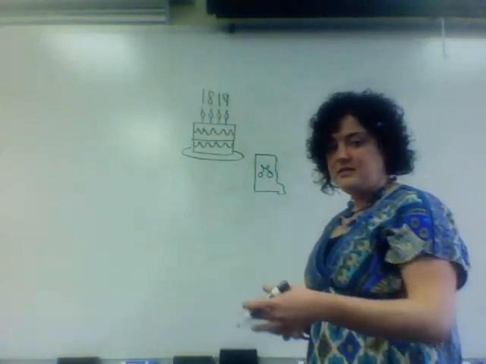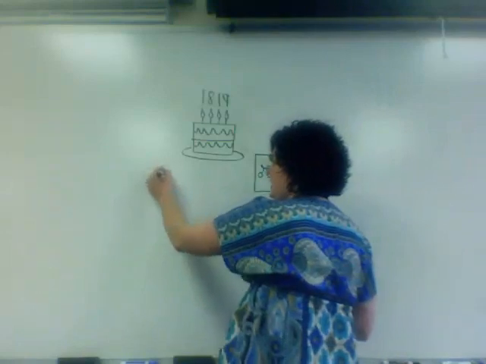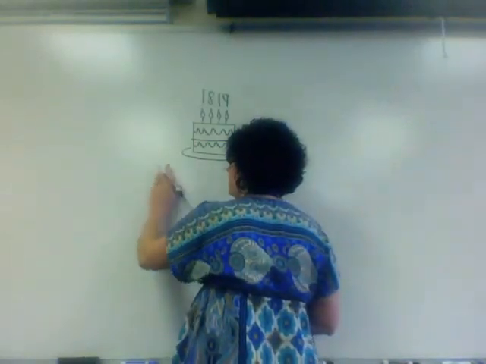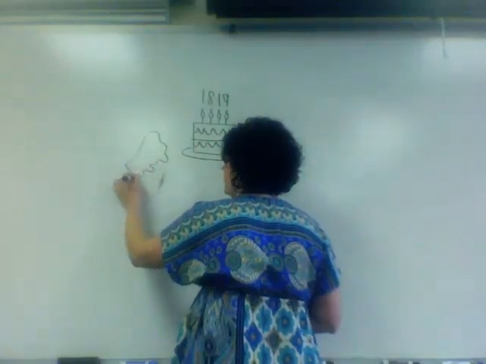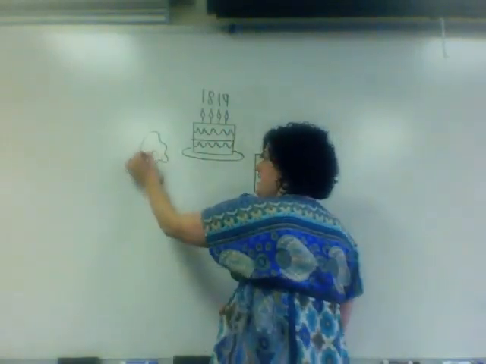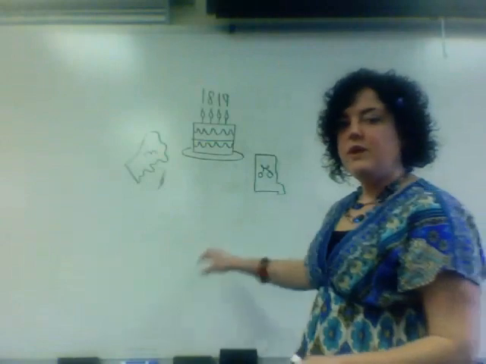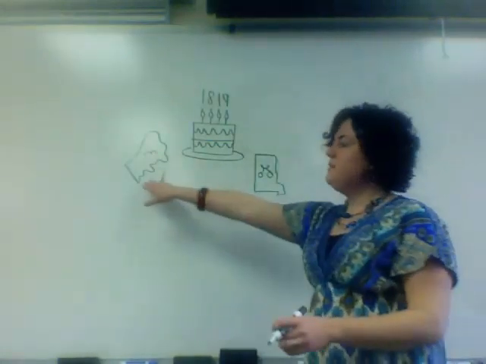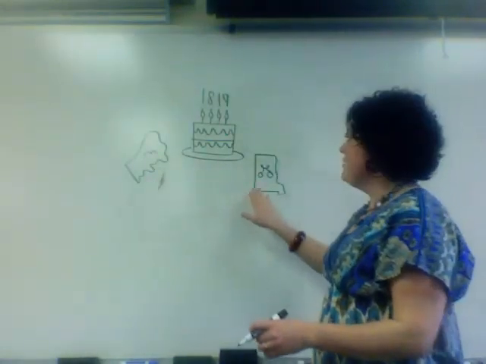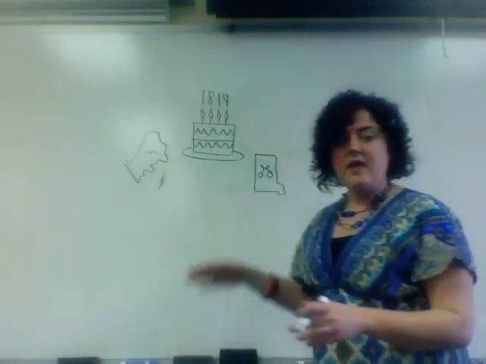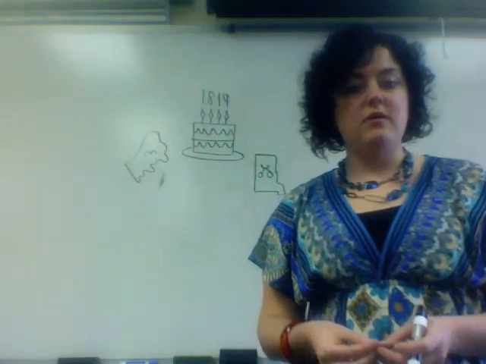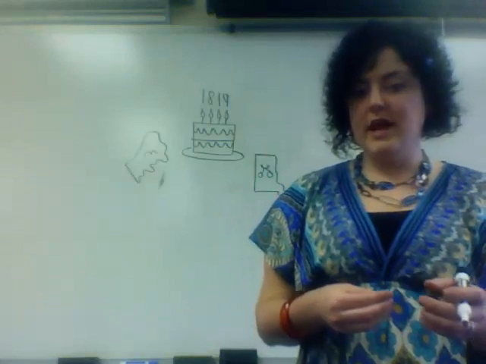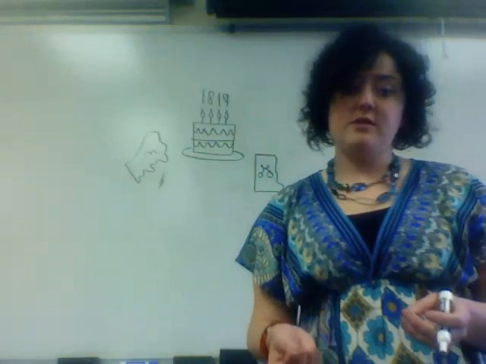The northern states put up Maine as an alternate to Missouri. There's Maine, and Maine was a free state. The government decided that if we admit Maine as a free state and Missouri as a slave state, that would keep the number of slave states and free states in the Union equal. That way, one side didn't have more power in the government than the other side.